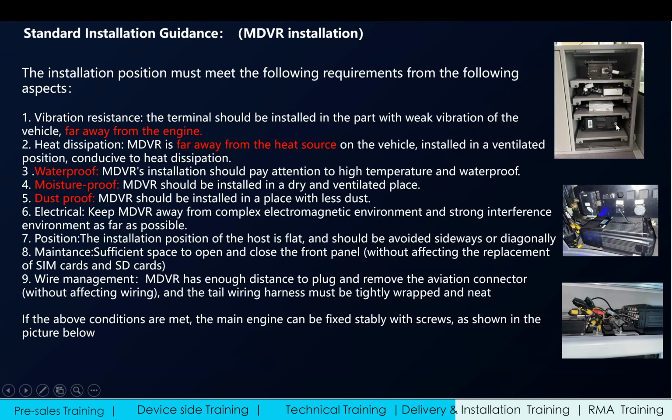And for the front side, you can easily open the front panel, insert an easy check or insert a USB to do the configuration. So if your installation can meet the below requirements, then there should be no problem for the MDVR.